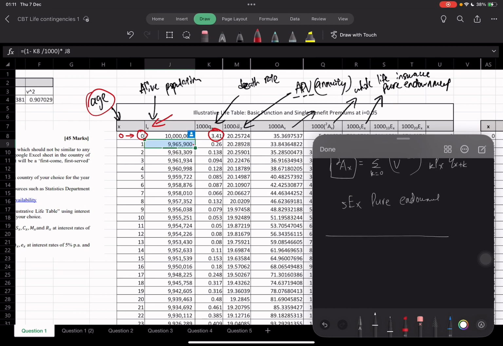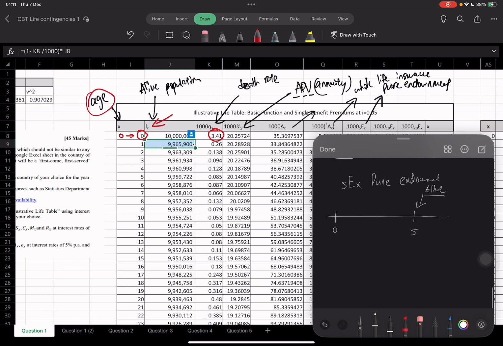For better understanding, we draw a timeline again. At the year of 5, if the person is alive, then a benefit will be paid to the person. Basically, in a pure endowment, when the benefit is paid here, let's assume the benefit is 1.